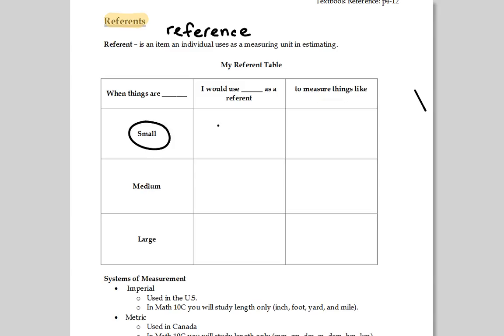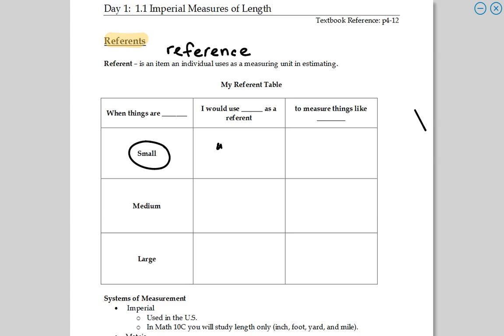Just think of something maybe on your human body. A finger? Yeah, maybe like the width of your pinky. Maybe you could use that. Width of pinky. Anybody want to estimate, depending on how big your pinky is, what unit is your pinky? The width, not the length. Good. Centimeter.